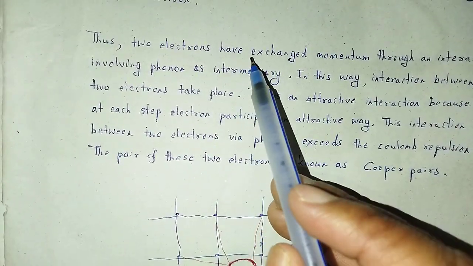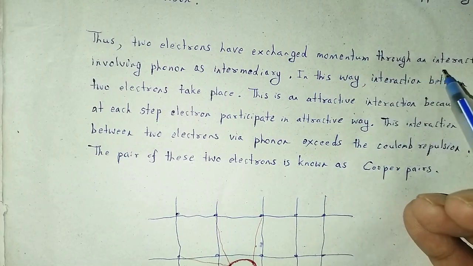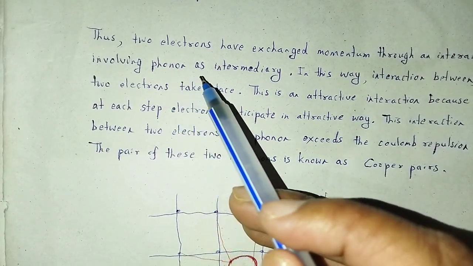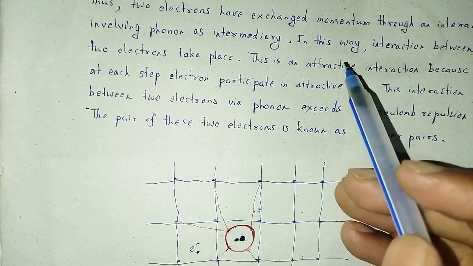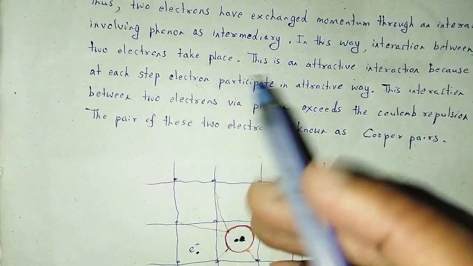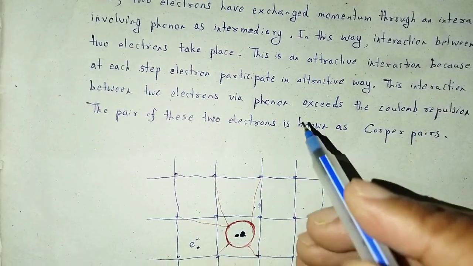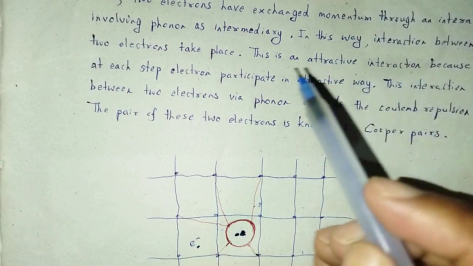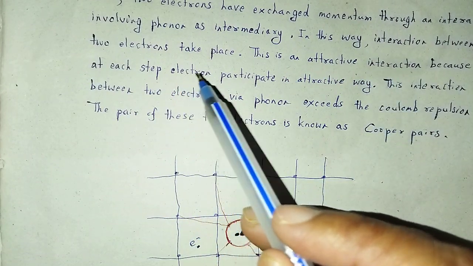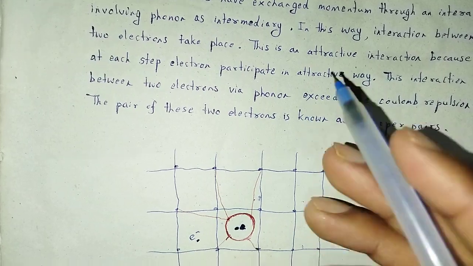Thus, the electrons have exchanged momentum through an interaction involving a phonon as intermediary. In this way, interaction between two electrons takes place. This is an attractive interaction because at each step the electrons participate in an attractive way.